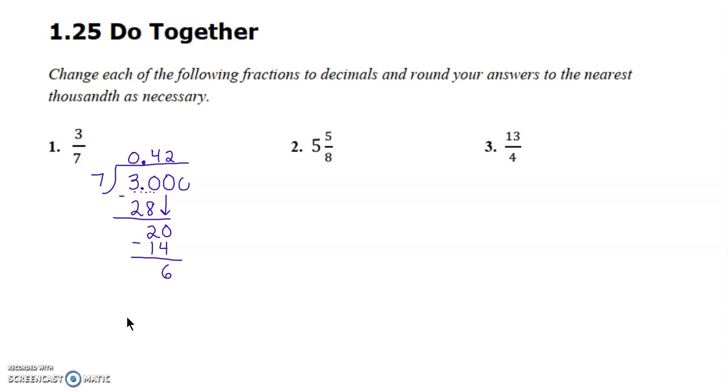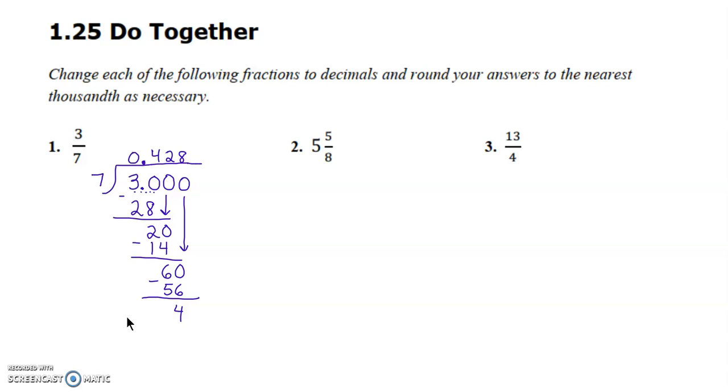We're going to add a 0 again and bring it down. 7 goes into 60 8 times. 8 times 7 is 56. We subtract. 60 minus 56 is 4. So at this point, we're at the thousandths place, but we have to round to the thousandths place.